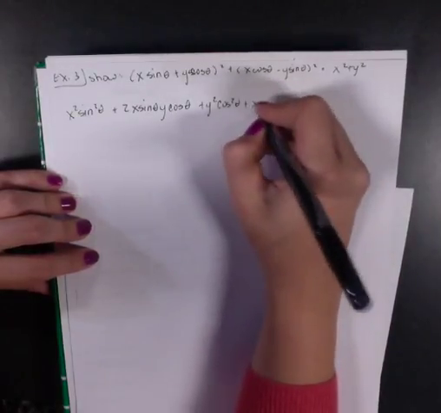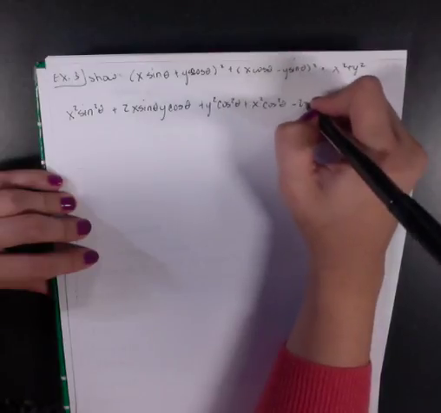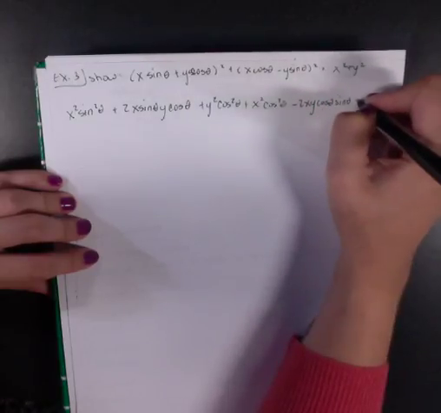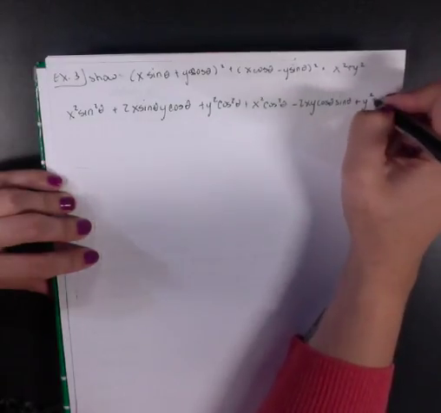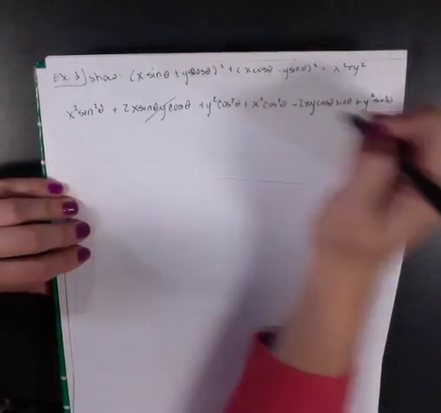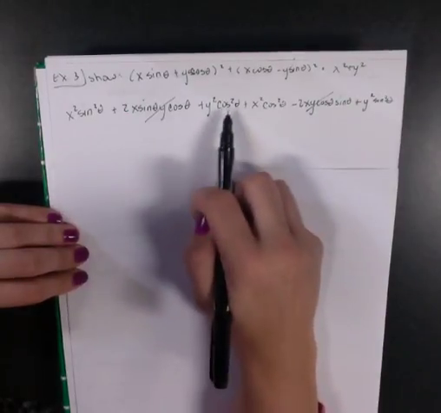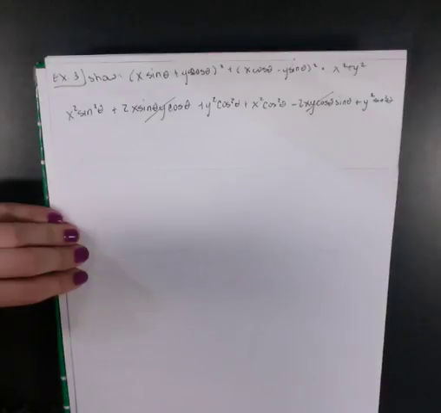Now this term I'll have x squared cosine squared of theta minus 2xy cosine of theta sine of theta plus y squared sine squared of theta. Okay, this term and this term cancel. I have cosine squared of theta, cosine squared of theta, sine squared of theta, sine squared of theta.